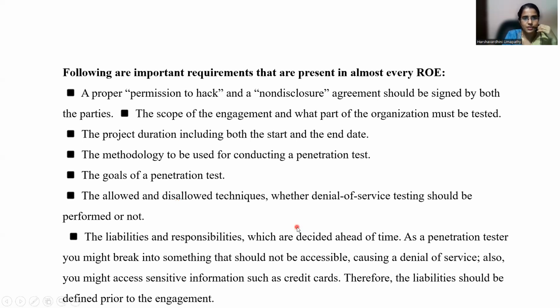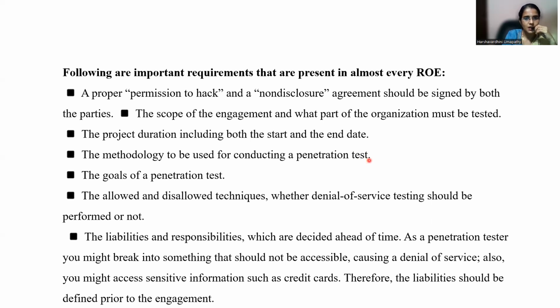What are the important requirements to be followed in almost every ROE, that is, the rules of engagement? First, a proper permission to hack, which the organization should provide to the penetration tester, and also a non-disclosure agreement which should be signed by the parties. Next is the scope, which part of the organization or asset is to be tested. Then the project duration, which is the start date and the end date.